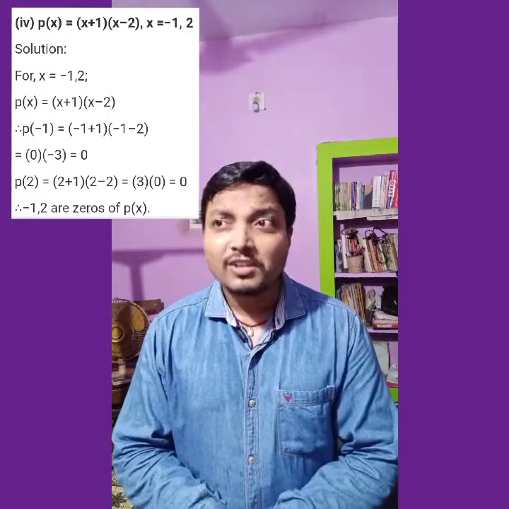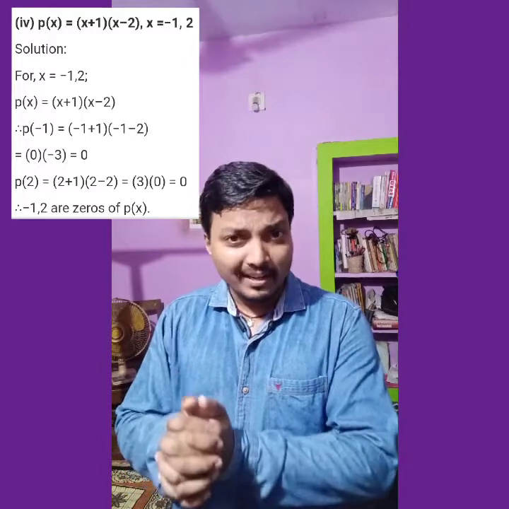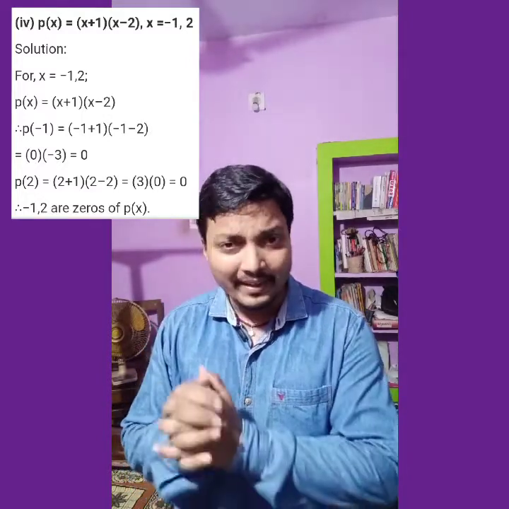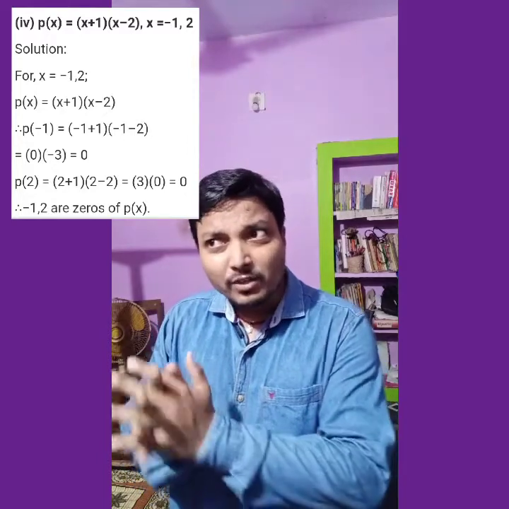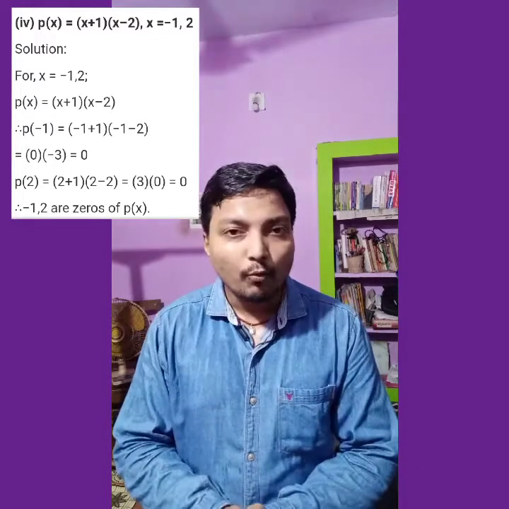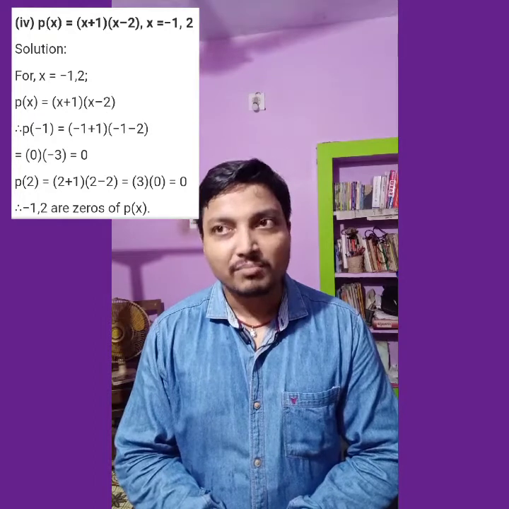Here the value is minus 1 plus 1, in place of x plus 1, whole into x minus 2, which means minus 1 minus 2. Minus 1 plus 1 is 0, 0 into the other factor is equal to 0. So yes, minus 1 is the zero of the polynomial.